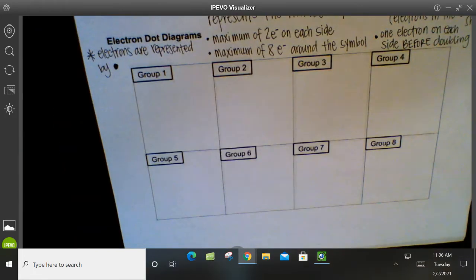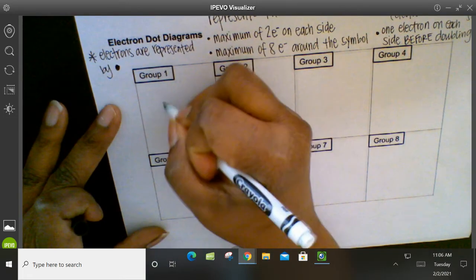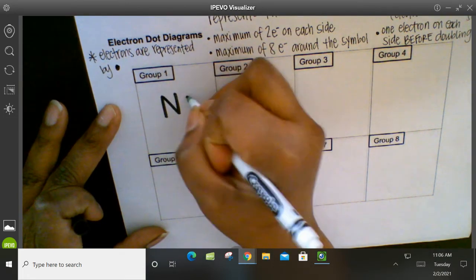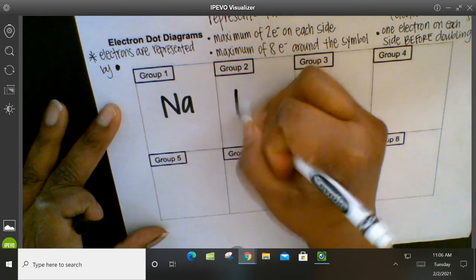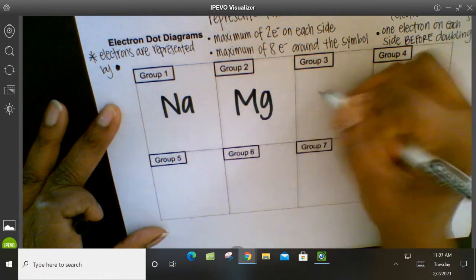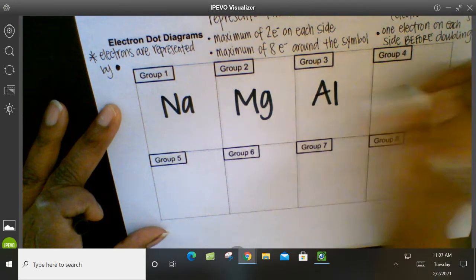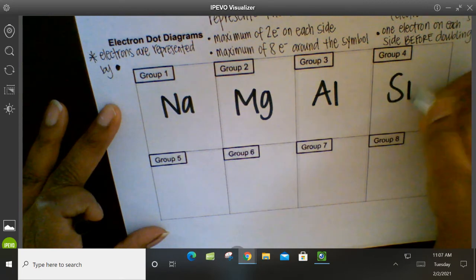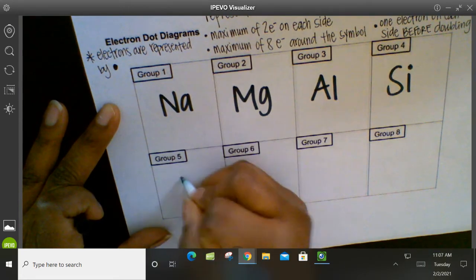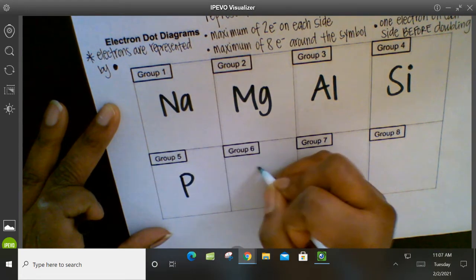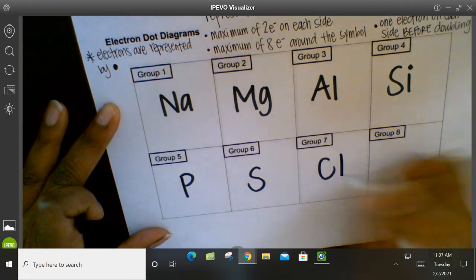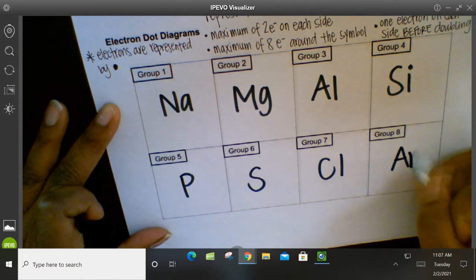I'm going to put the symbols in the middle. Sodium's Na, magnesium's Mg, aluminum's Al, then we have silicon, which is Si, phosphorus, sulfur, chlorine, and we're ending with argon.